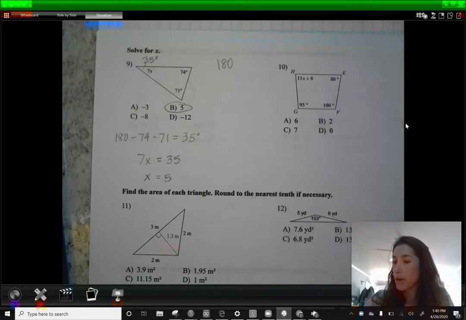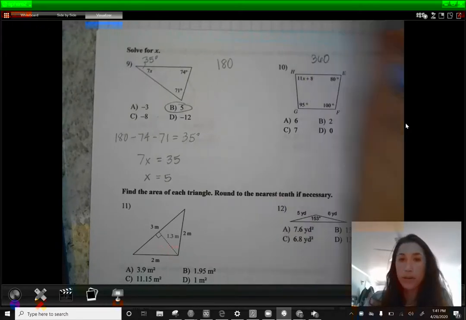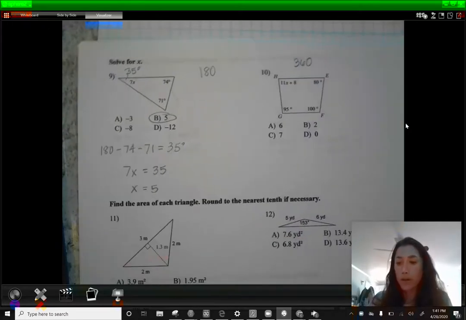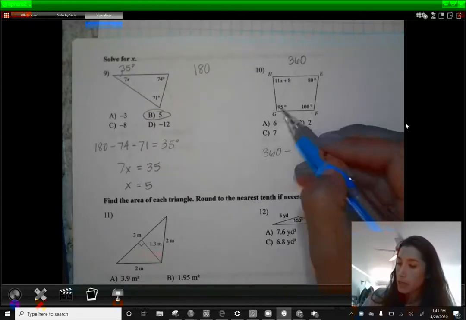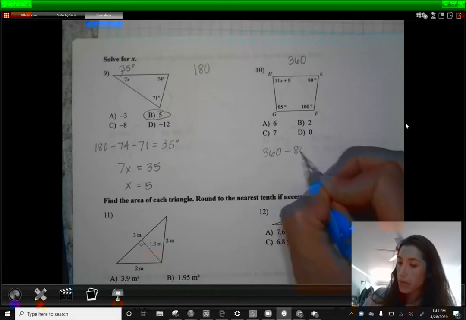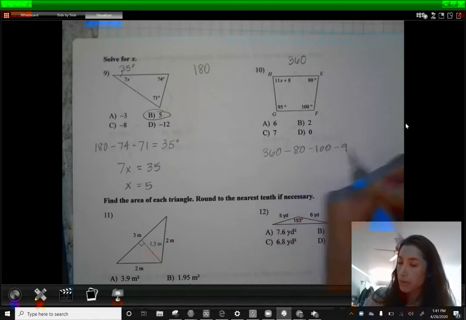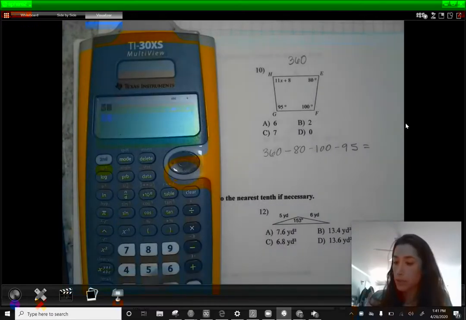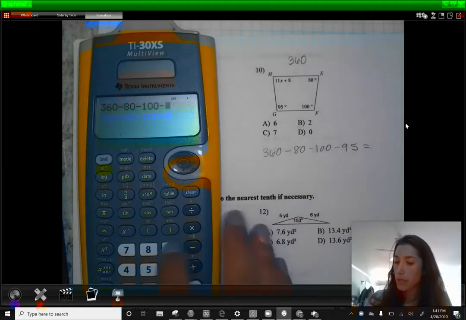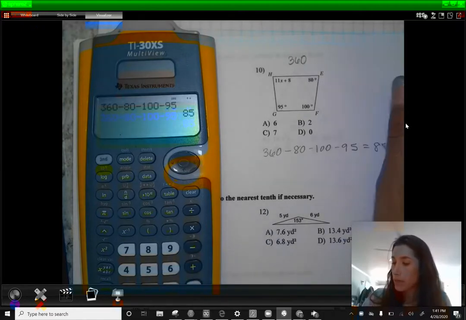Here we have our quadrilateral. Remember, we have 360 degrees in total for any quadrilateral. So 360, I'm going to subtract these three angles here, so minus 80 minus 100 minus 95. And let's see what that fourth angle is equal to. So 360 minus 80 minus 100 minus 95 is 85.